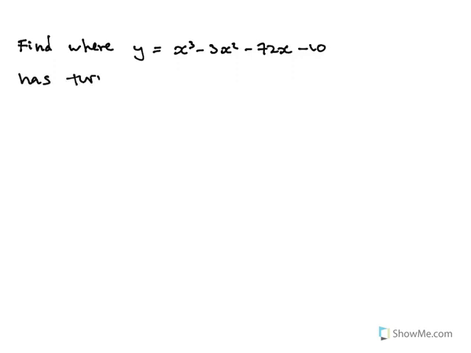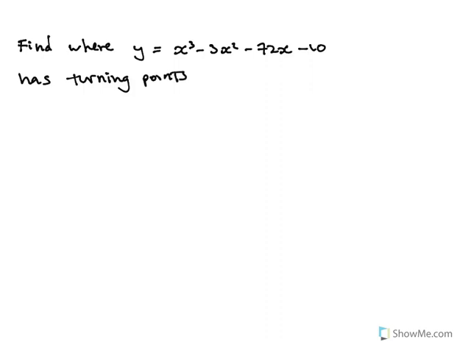I'm going to do one more, and it's going to lead into something a bit more detailed later on, but we'll start with a simple one now. Find where y equals x cubed minus 3x squared minus 72x minus 10 has turning points. We know it's a double bend curve.